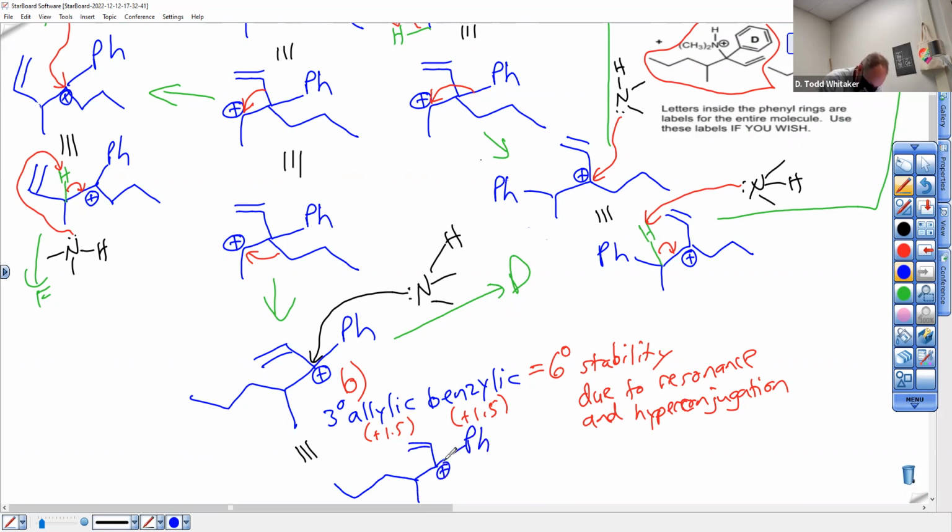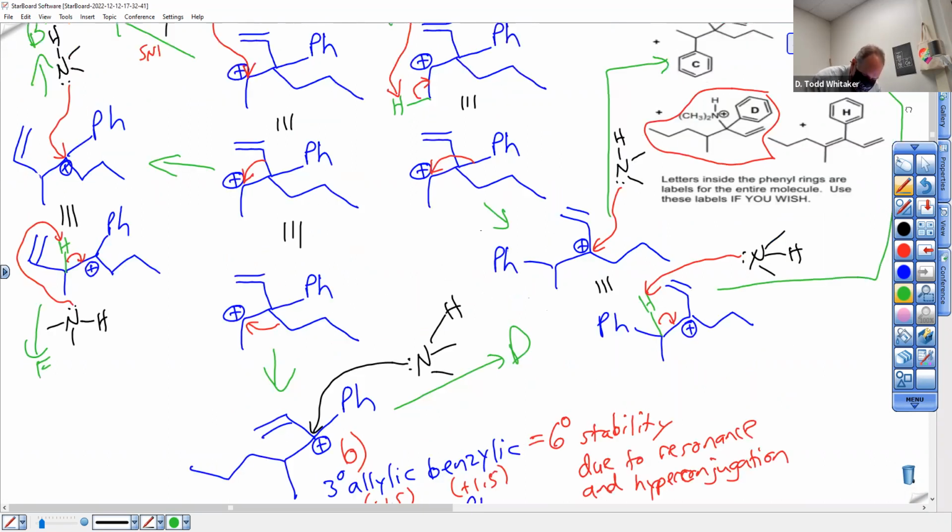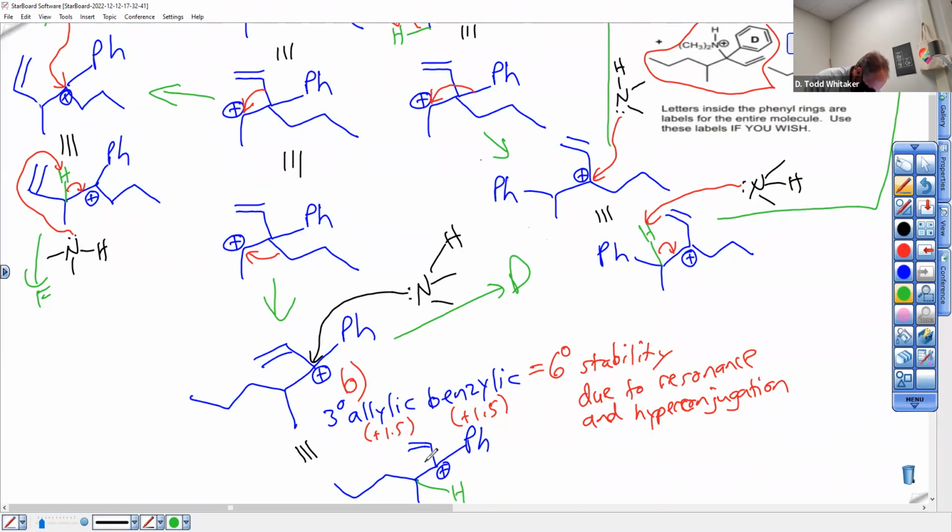Is it not this H again? To get to, I can't even see the letter there. The paper in front of it. H needs the pi bond there. Same base. There you go.